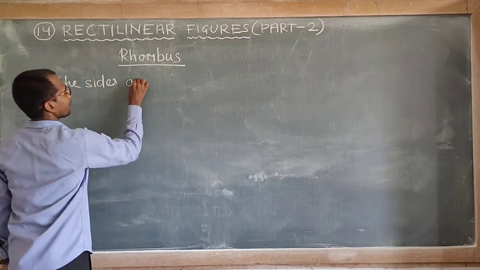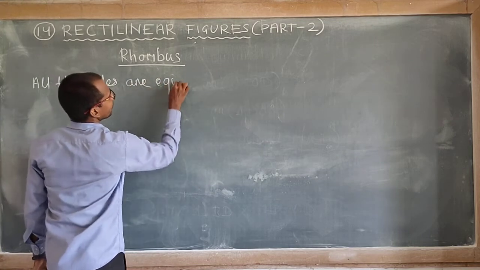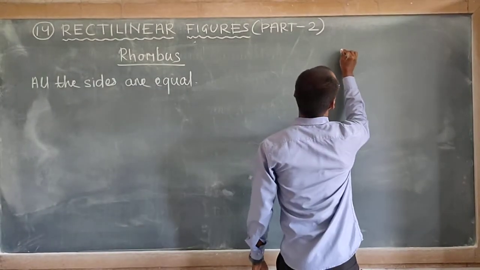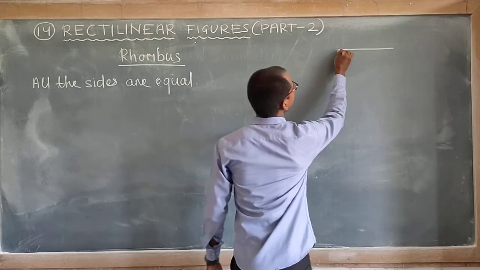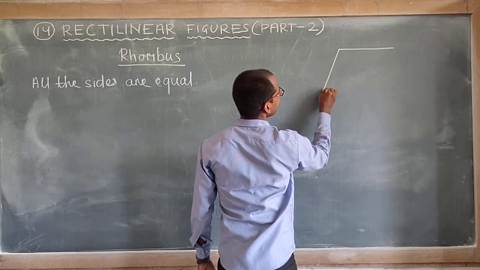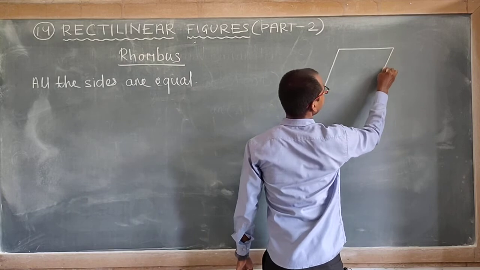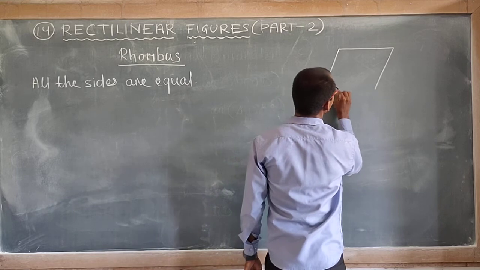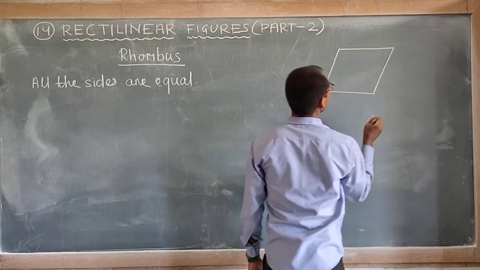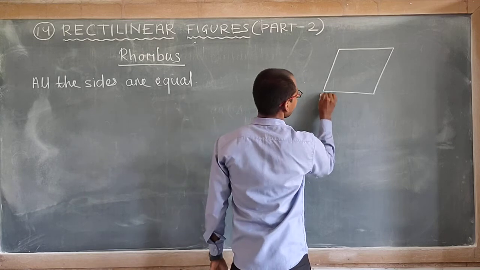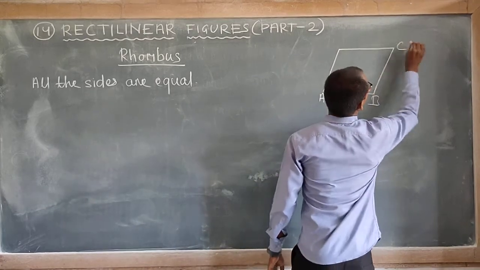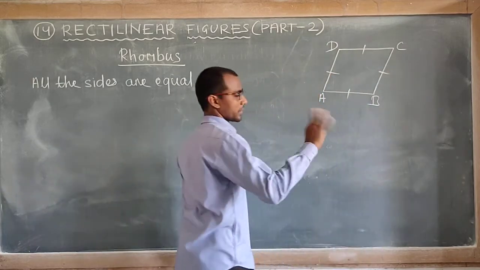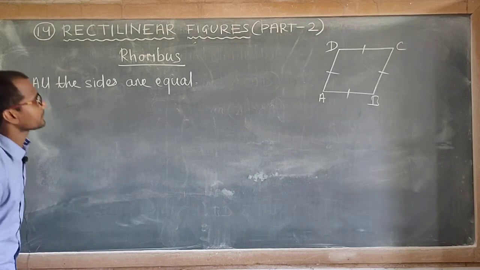So let us draw a rhombus. All the sides are equal. So this is a rhombus.